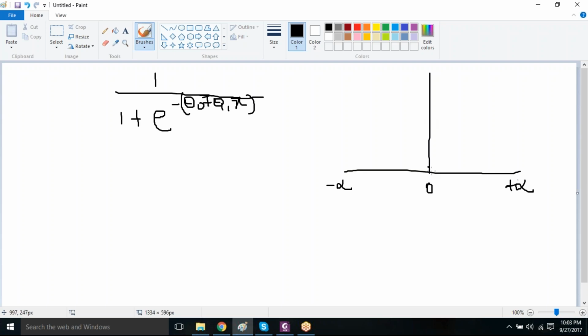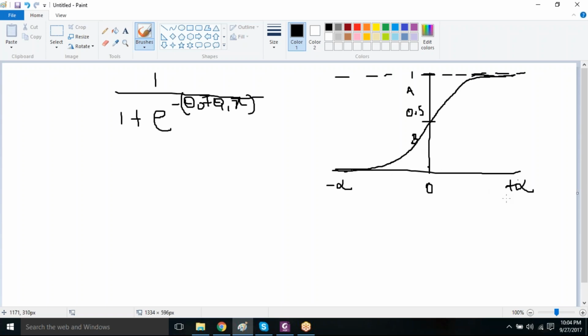Now on the y-axis we have 0 here, 0.5 here and 1 here. When the value is more than 0.5, I will say class A. If the value is less than 0.5, I will say class B. And the function goes like this. Suppose this is 1, so the function will go like this. This is your logistic sigmoid function, right?